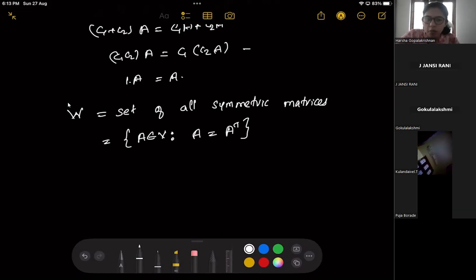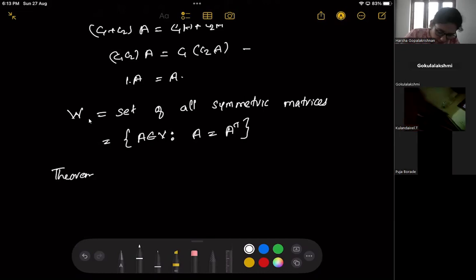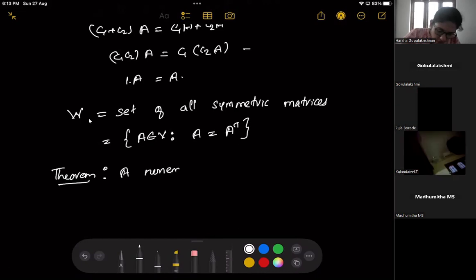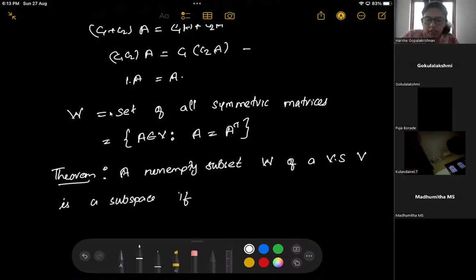So, do you remember what is the condition to check the subspace? We had a theorem in the class. A non-empty subset W of a vector space V is a subspace if, anyone remember the condition?